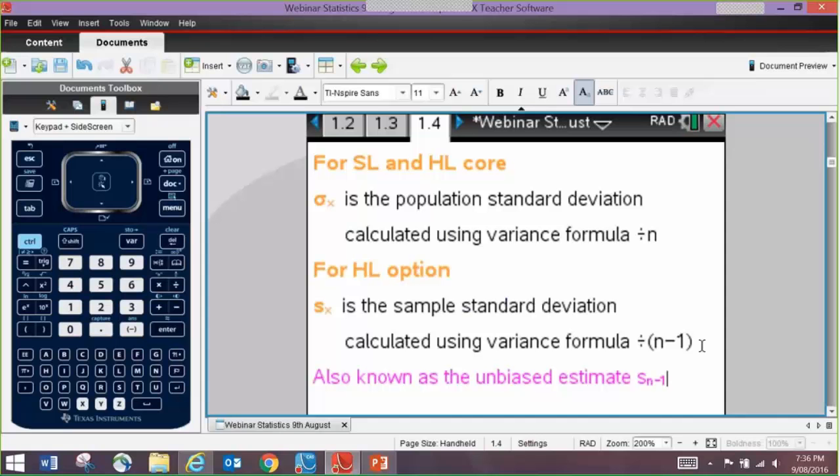So apart from when the data values are identical, like my very first one, for all other ones we find that the sample standard deviation is a little bit bigger than the population standard deviation, and this is what's known as our unbiased estimate. So in the higher level option formula booklet, that will be denoted as Sn-1.